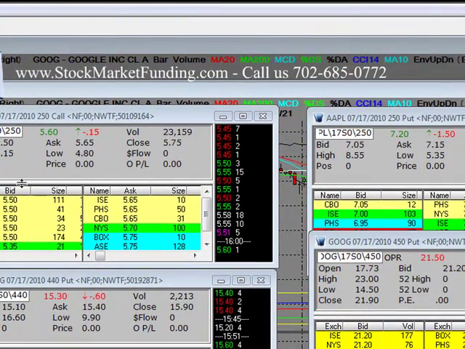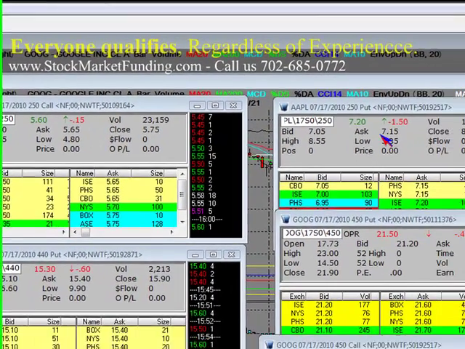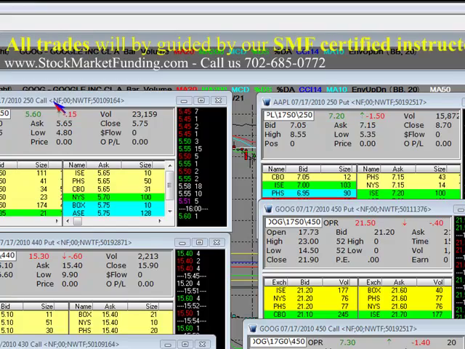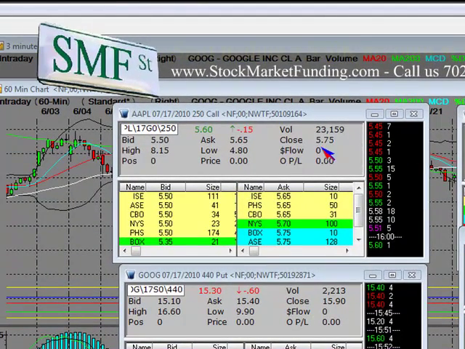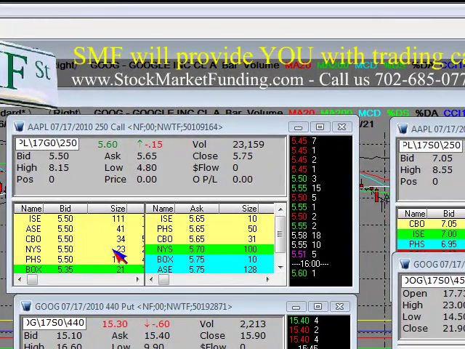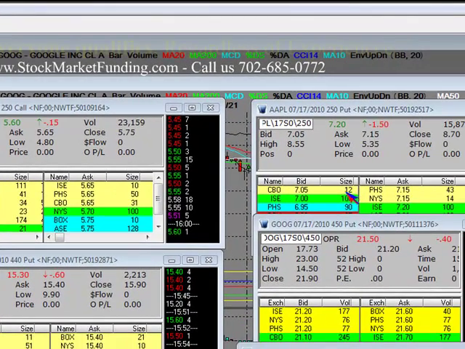On the same token, the put option had a close. Right here's a 250 put now, Apple. That's the call. So you can see the move here: 575 to 815, back down to that 480 bid, wholesale price, SMF market maker entry.